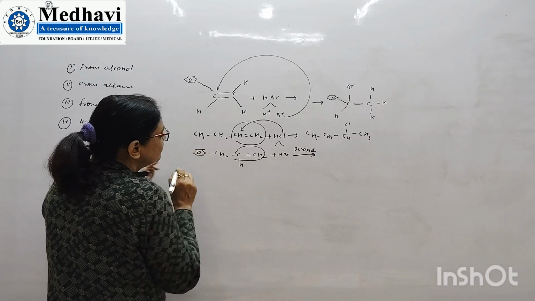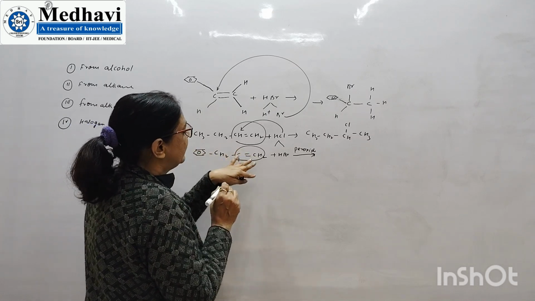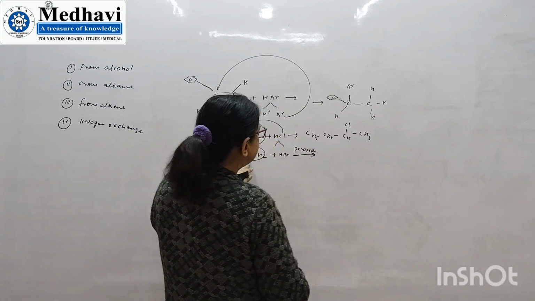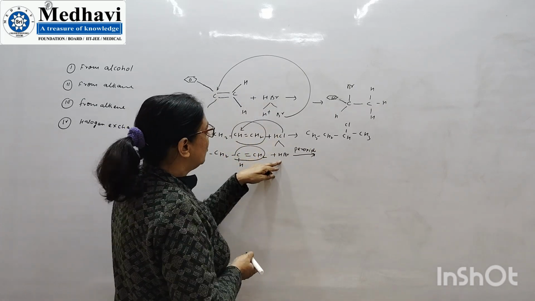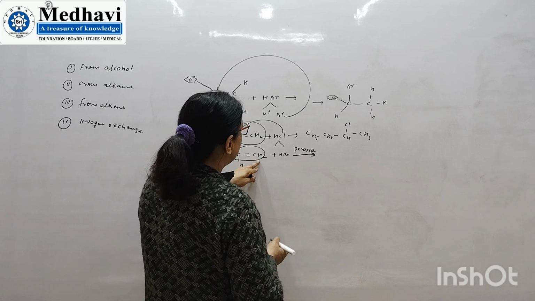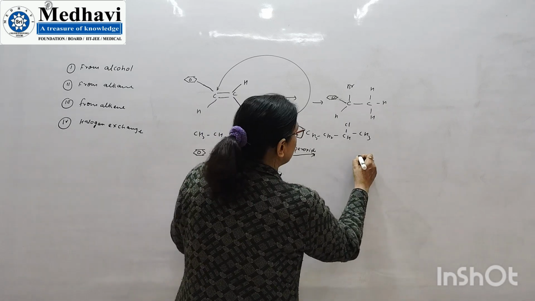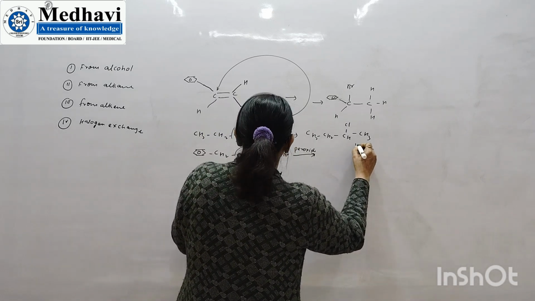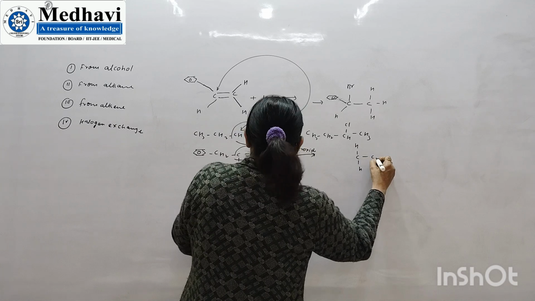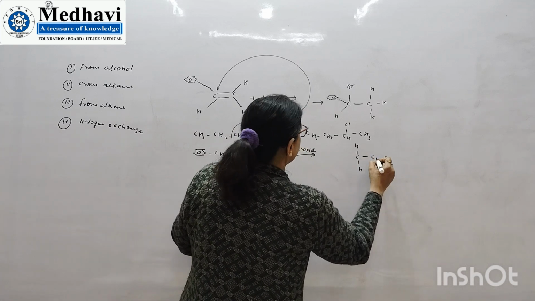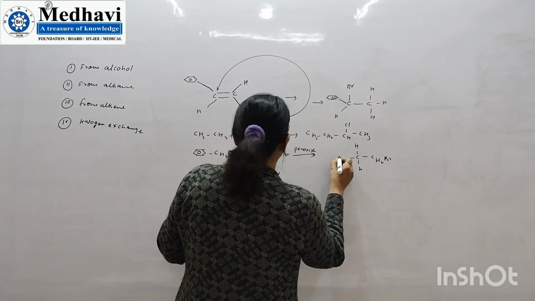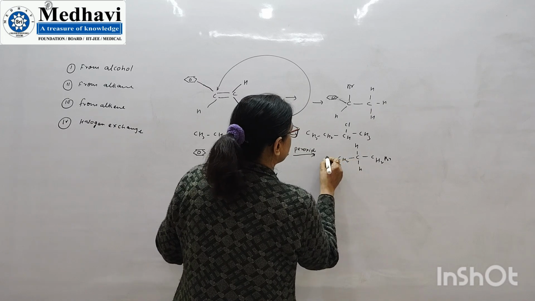You just need to focus on the reactant, the main part. So peroxide tells that it is just opposite to Markovnikov. The negative part will attack that carbon which has maximum hydrogen. So here the hydrogen will attack here, and here single bond CH2Br and this bond CH2.